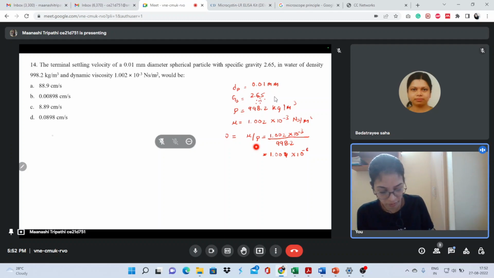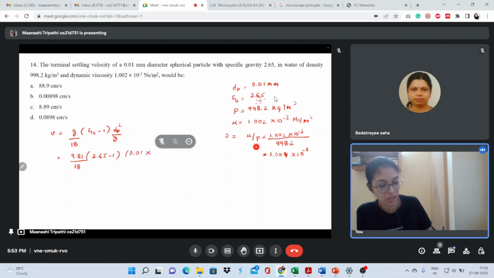What is the equation of velocity? This equation is called Stokes equation. It is g by 18, (gs minus 1) dp square upon nu. This is kinematic viscosity. What will we get? 9.81, value of g, by 18, gs minus 1, 2.65 minus 1, dp square.